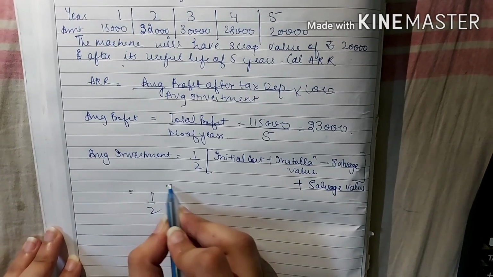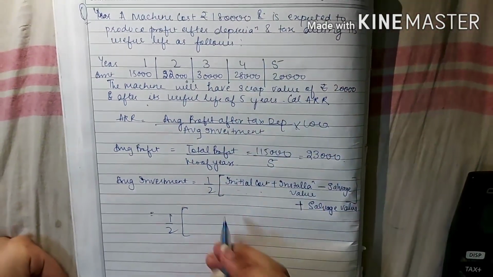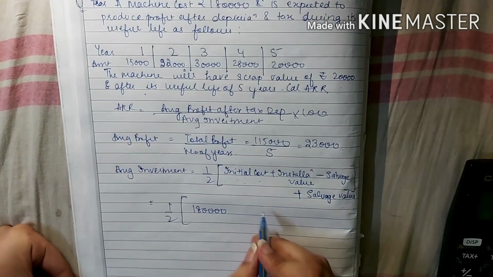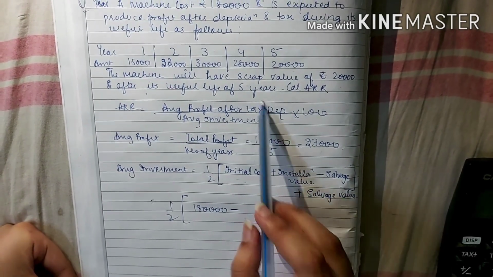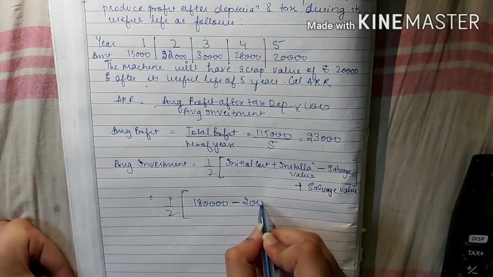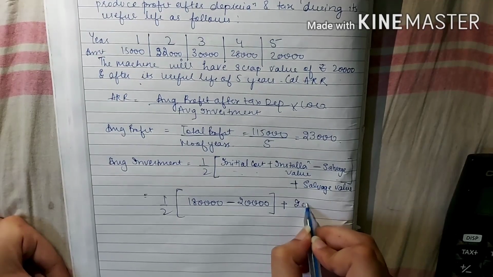So half bracket initial cost, it is 1,80,000. Installation value is not given to us, minus salvage value. Salvage value is the scrap value of the machine, which is rupees 20,000, bracket close, plus salvage value 20,000.